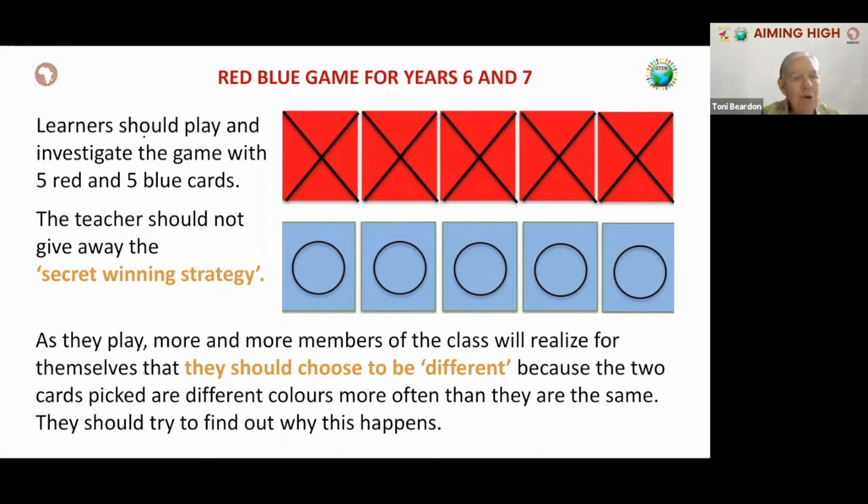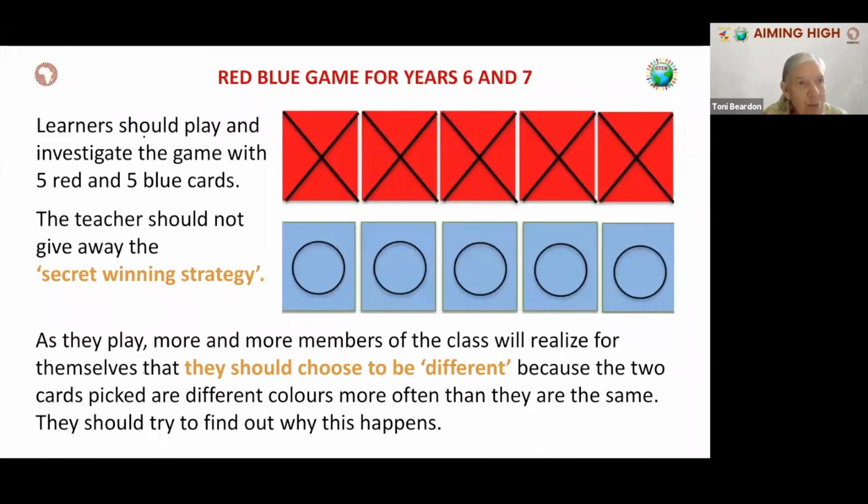And some children will realize that there's a secret winning strategy. In other words, it isn't fair. And they will not tell anybody else because they're winning. If they choose to be different, they're going to win. If they play the game often enough, it won't win every time, but if there are enough rounds in the game, they will end up winning.